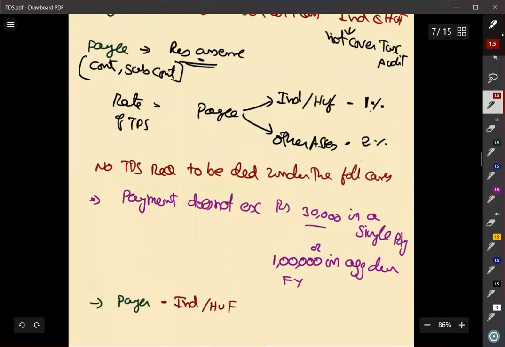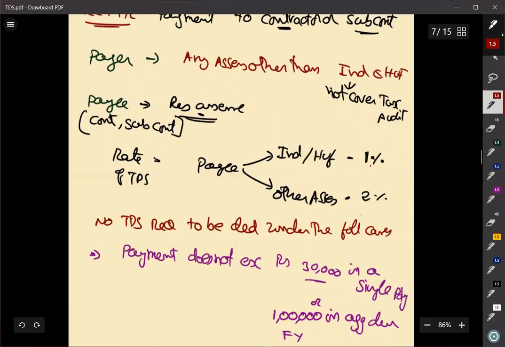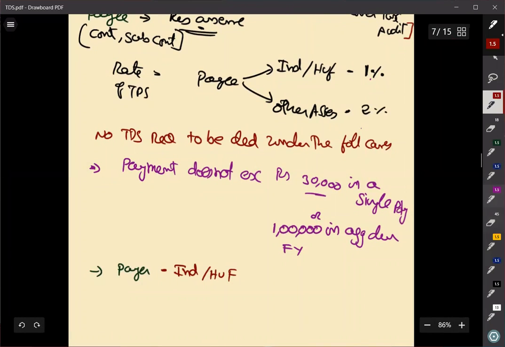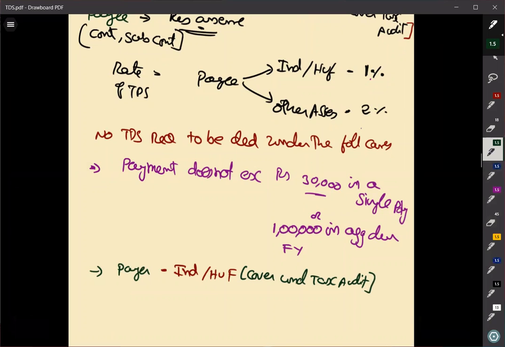If I go back, the section says if the payer is an individual or HUF, the provision is not applicable, unless the payer is covered under tax audit. So here the payer is an individual or HUF who is covered under tax audit. If he is not covered under tax audit, I need not discuss this as an exception at all, because he need not pay the TDS.